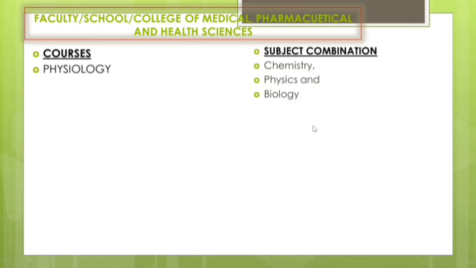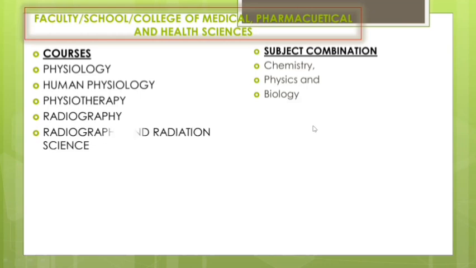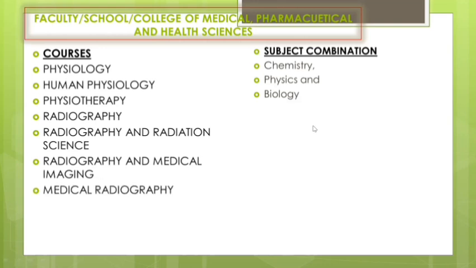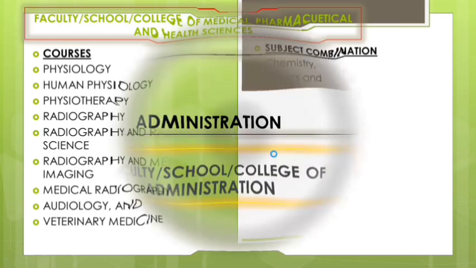For candidates applying for physiology, human physiology, physiotherapy, radiography and radiation science, radiography and medical imaging, medical radiography, audiology, and veterinary medicine. Your JAMB subject combination include chemistry, physics, and biology.